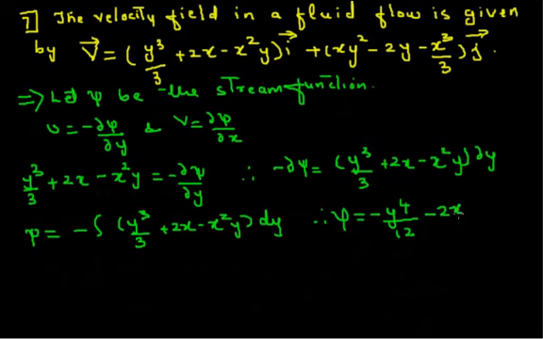2x is constant and integral of 1 would be y, again minus, this third term would get plus, so plus x square, then y will become y square by 2, and finally we are integrating with respect to y, so there would be some function in terms of x.